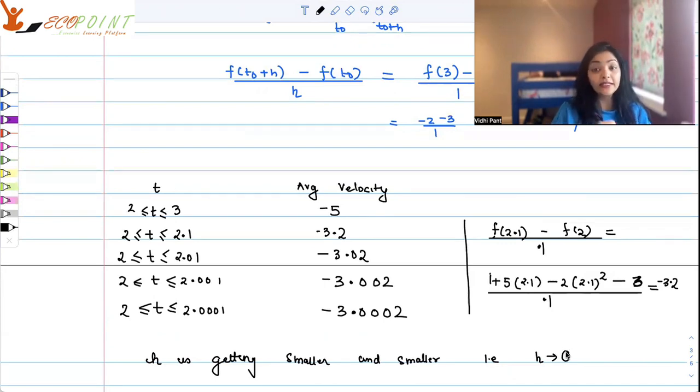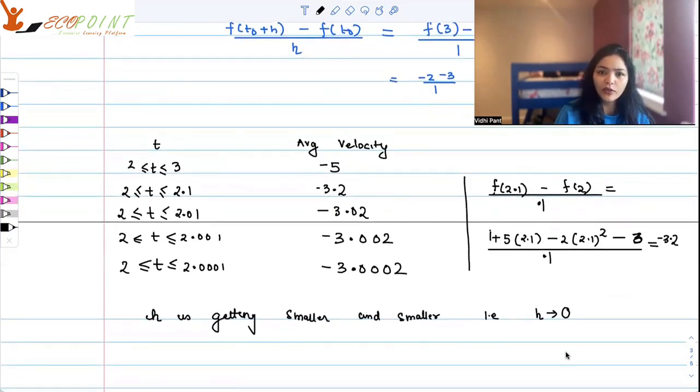I'm not saying that it is 0, because when h is 0, this ratio is not defined. So it is not 0. It is something very, very, very small. We're almost reaching 2, but h is still some value.